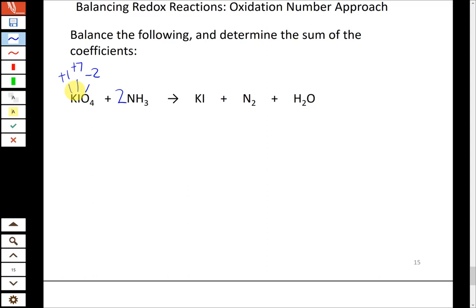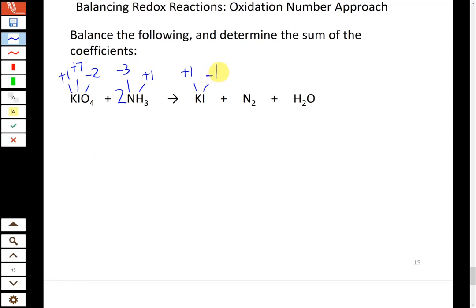NH3 is a little bit simpler. In a covalent compound, hydrogen will be +1, so if we have 3 +1s, that's +3. We need a -3 on nitrogen to balance that out, so +3 and -3 cancel out. Potassium iodide is a little bit simpler. It's a binary ionic compound, so potassium will still be +1 since it's an ionic compound in any case, and that makes iodine -1.